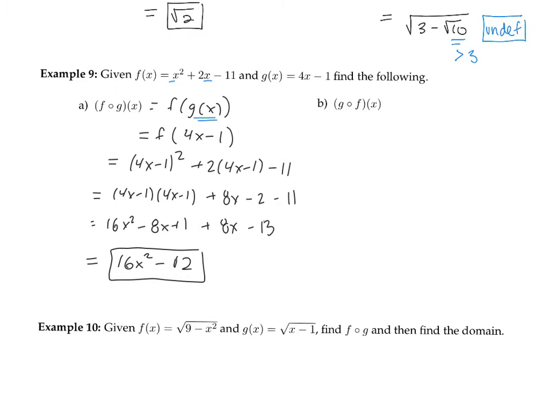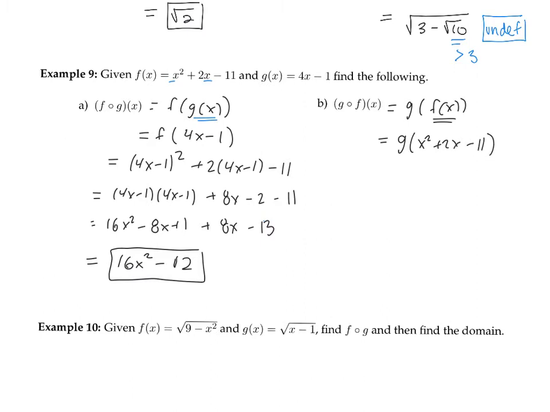Now speculation, will g composed with f be the same thing? It wasn't the same thing for our discount problem, right? So this is an example of a non-commutative operation, meaning the order actually matters, kind of like subtraction and division. Okay. So that's g of f, or g of f is equal to x squared plus 2x minus 11, right?